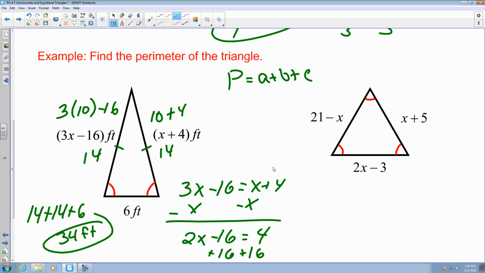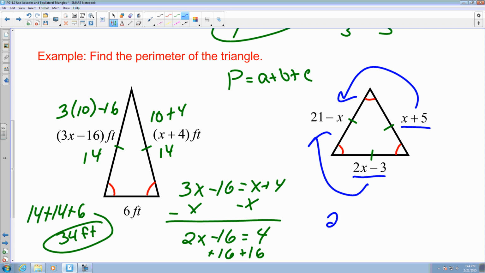Finally, on the one on the right, it tells us that all the angles are congruent, so that makes them an equilateral triangle. And I can use any one of these values to help me out, so I'm just going to set them equal to one another. I could have used these two, I could use these two, I could use these two as a combination in order to do it.